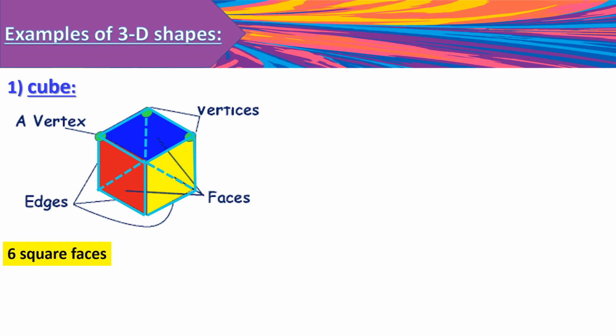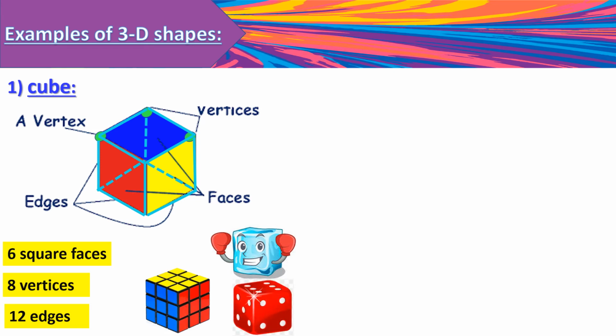So it has 6 square faces, 8 vertices, and 12 edges. We can find cubes in real life, like the ice cube, the dice, and this game.